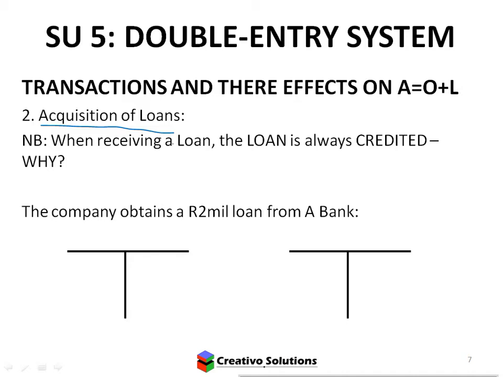The rule says in the textbook that when you receive a loan, the loan is always credited. That you can learn if you want to learn lots and lots of transactions. Let's apply what we're doing. We're doing something better, which is analysis and application of the rules that don't change. So let's look at the question.